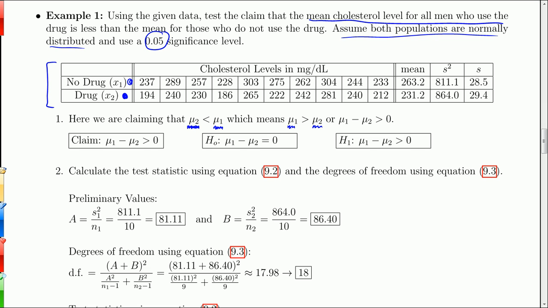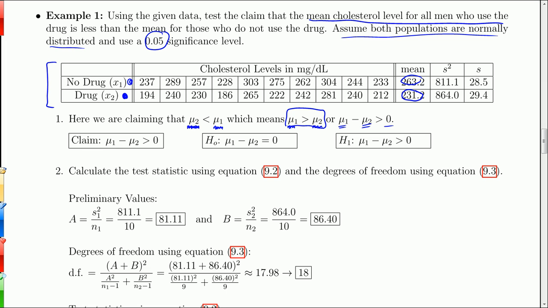So what I do now is I take this equation, I subtract mu2 from both sides. So what I'm saying is mu1 minus mu2 is greater than 0. And that's basically what I'm saying, that this thing is significantly bigger than that thing.